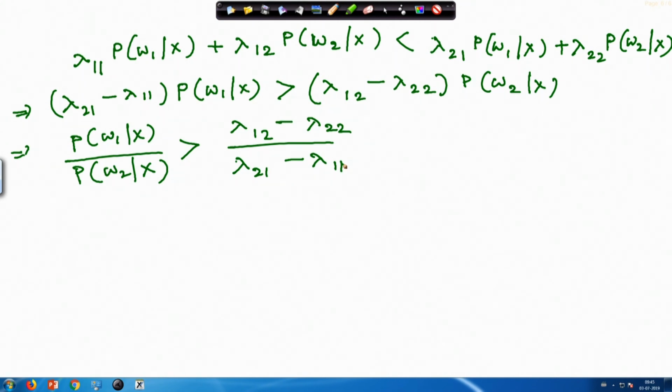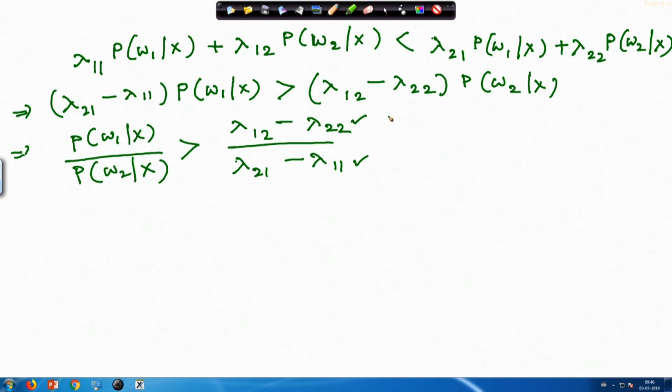So, naturally lambda 2 2 has to be less than lambda 1 2. Similarly, lambda 1 1 will also be less than lambda 2 1. So, both these quantities, both in the numerator and denominator on the right hand side, are positive.